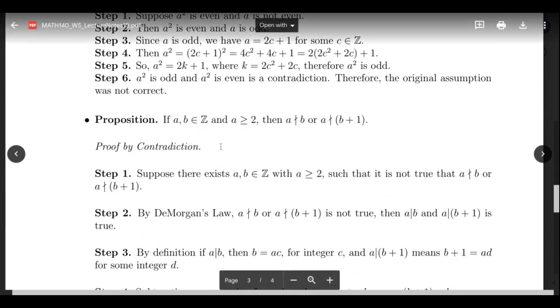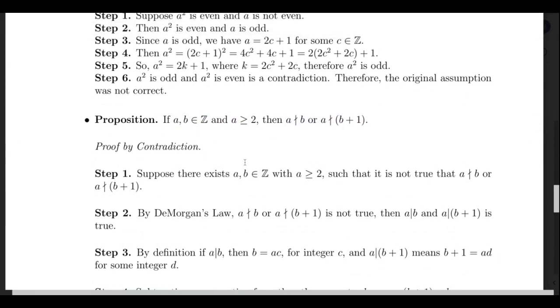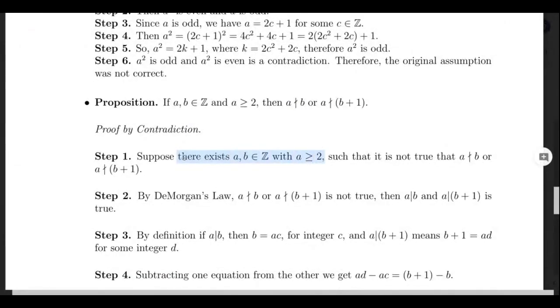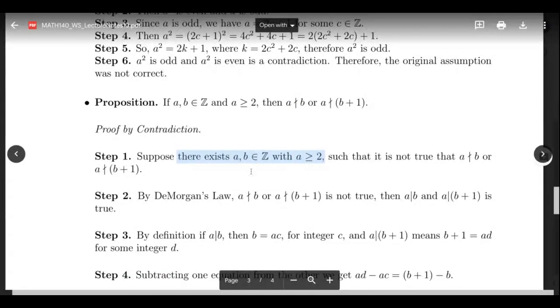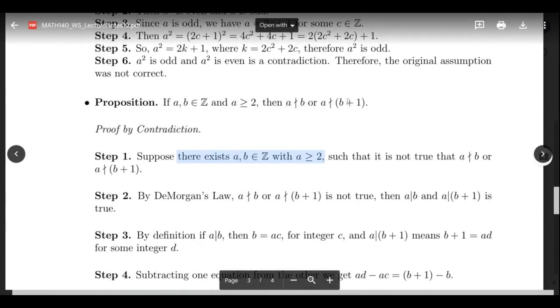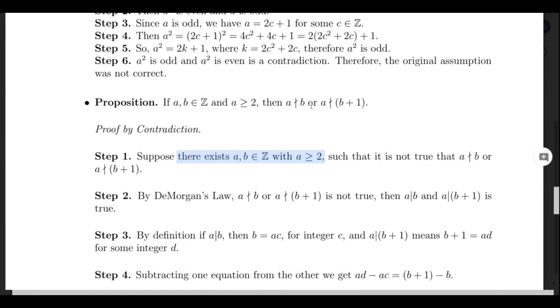So prove by contradiction is P and not Q, right? We'll assume P and not Q. So suppose there exist A, B with this, right? So suppose the P part, P is still P. Now let's see what not Q is.